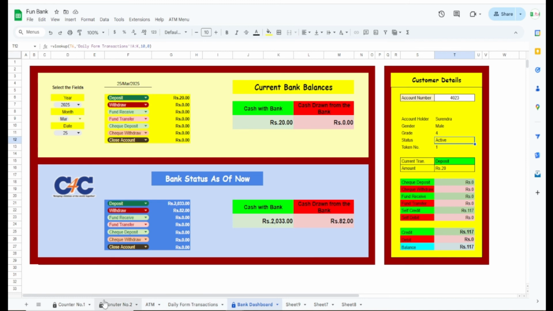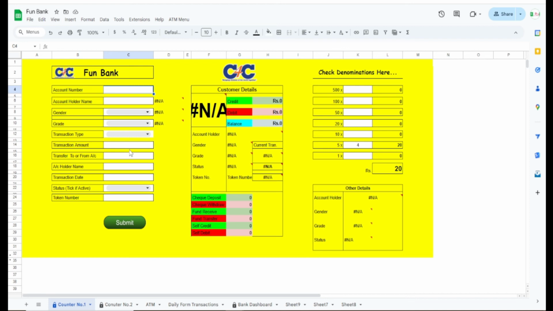Now coming back to counter one. If they want to transfer funds, what do they do? For example, 4023, he's Surendra, right?